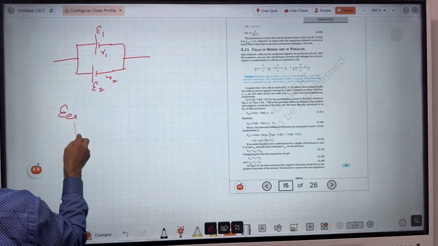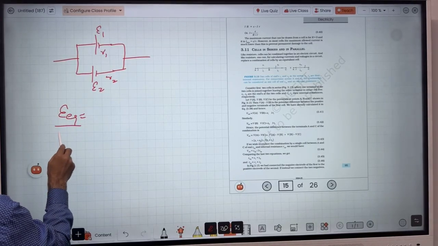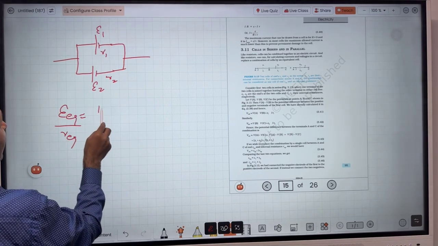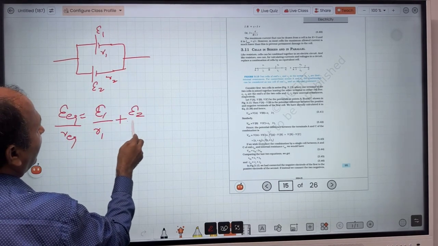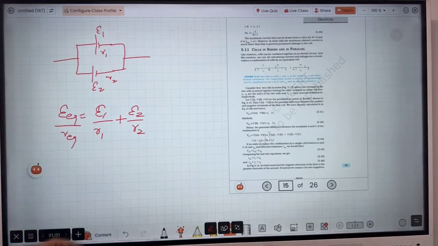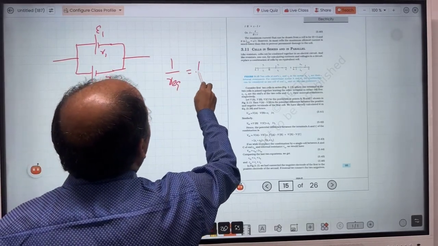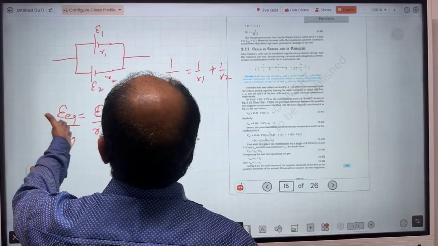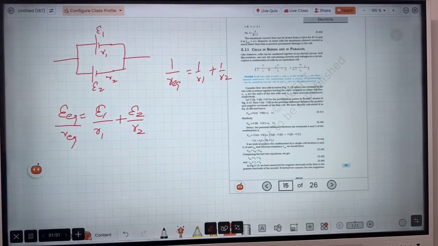In this case, E equivalent will be found by using formula E equivalent divided by R equivalent will be E1 divided by R1 plus E2 divided by R2, where 1 upon R equivalent will be 1 upon R1 plus 1 upon R2. And then we can find E equivalent. So let's do one numerical, then thing will become very clear.